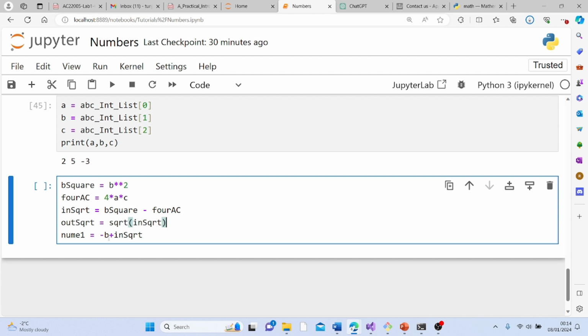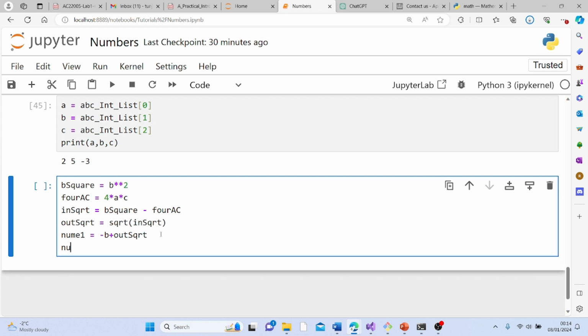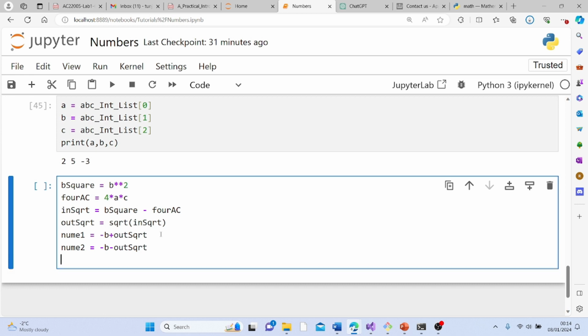And this will be minus b plus out square root, and this will be num2, which is equal to minus b minus out square root.